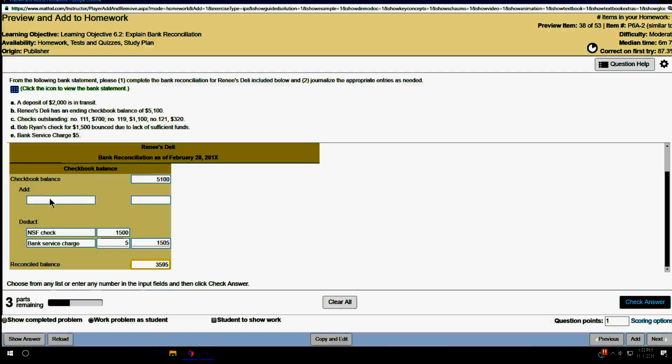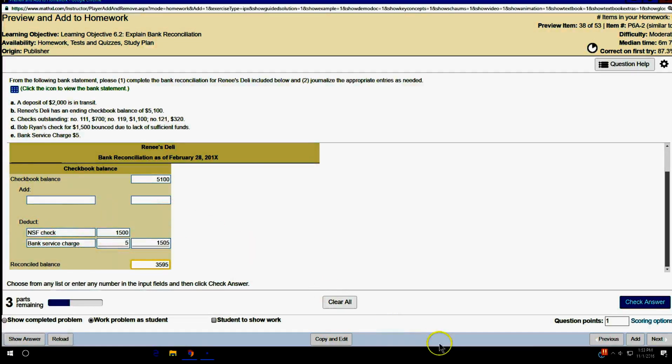So remember, it's always due to the other guy, the second guy, what the first party already did. So if the bank added something that you don't have in your books, you add. Likewise, if the bank subtracted something that you have yet to subtract, like the service charges here and the NSF check, you've got to do the same subtraction.